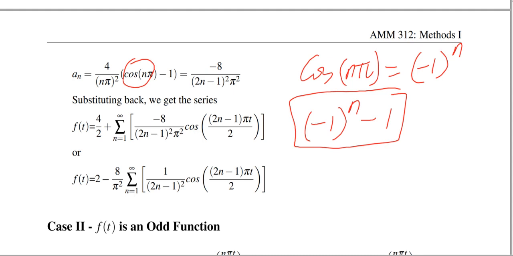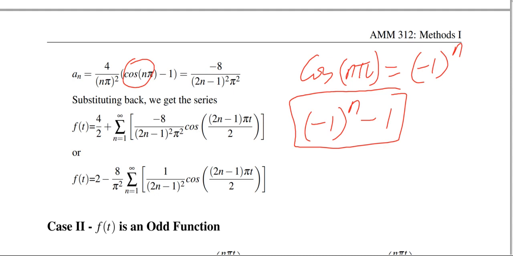And when n is even, this will be 1, then minus 1 we get 0. So we only retain the case where n is odd, and we can replace n with 2n minus 1 in that case. So once we have that, we can now write our series.